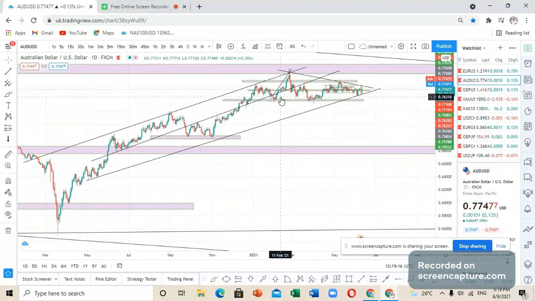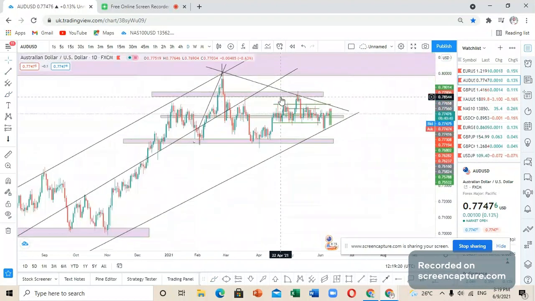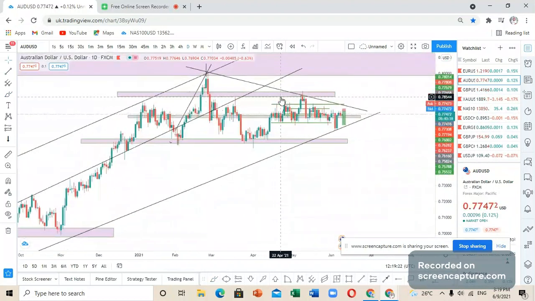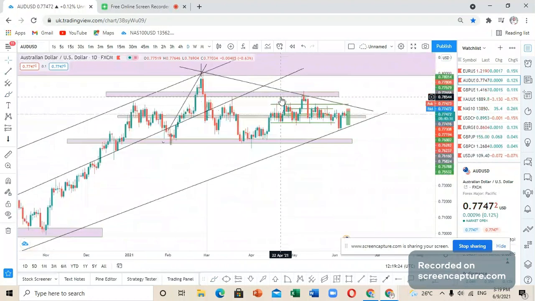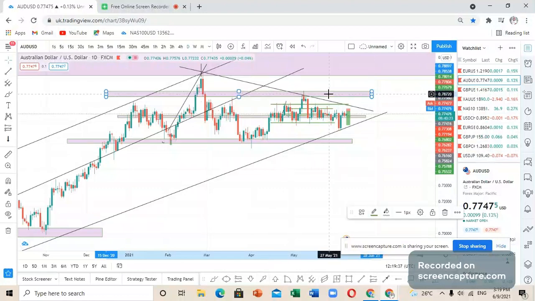That is something you should know at the back of your mind: whenever we have a very strong consolidation, we are waiting for a very huge breakout. So the thing is to understand where the breakout is going to happen, either to the upside or to the downside. I'll be explaining that as I analyze this pair.